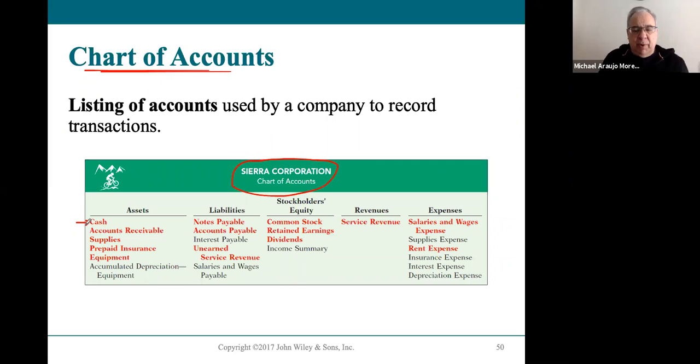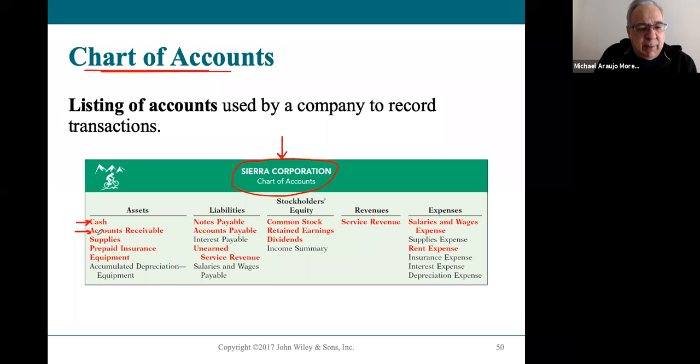So when you open up the ledger, the very, very first account you would see is the cash account, and anything that happened to the cash account would be listed there if you opened up the ledger for Sierra Corporation. Then after all the cash data is there, the next section would be whatever happened to the accounts receivable account. So you can see that.